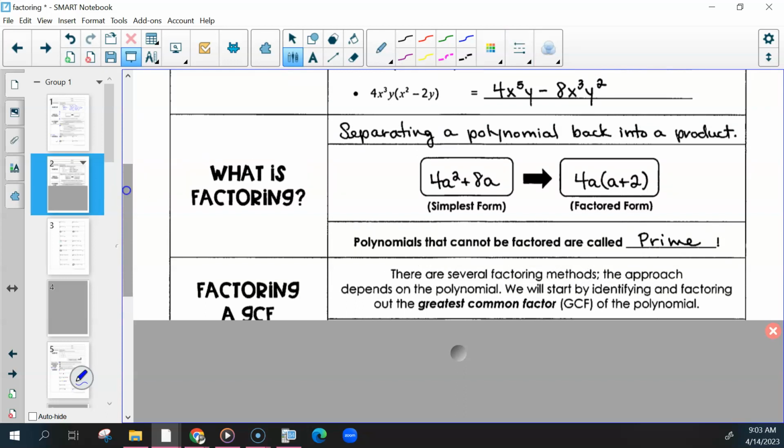So for 4, I'll just talk about the numbers first. What are the factors of 4? What times what will give us 4? 1 and 4, and 2. And then for 8, 4 and 2 and 1 and 8.